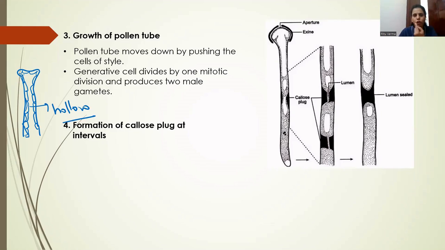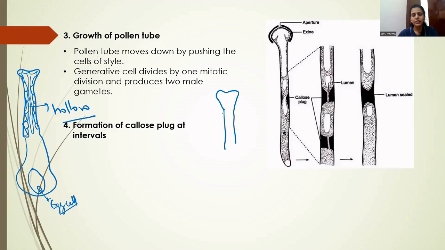Periphery means the corner of the style and the stigma. So in this case, the pollen tube can easily grow, pass through the style and finally reach the ovary. Okay, because inside the ovary you have the female gametophyte, and inside the female gametophyte you have the egg cell.